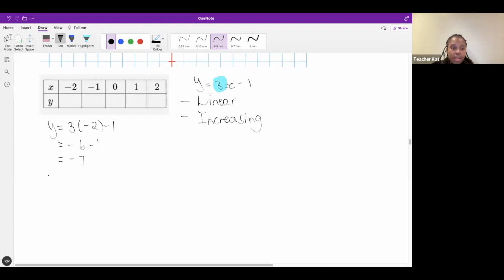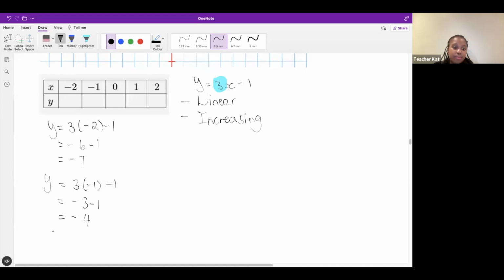Okay. My next one, y is equal to 3 times negative 1 minus 1. What's 3 times negative 1? This is negative 3 minus 1, which will give me negative 4.